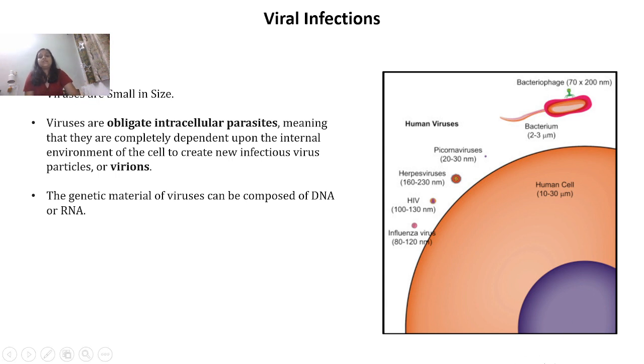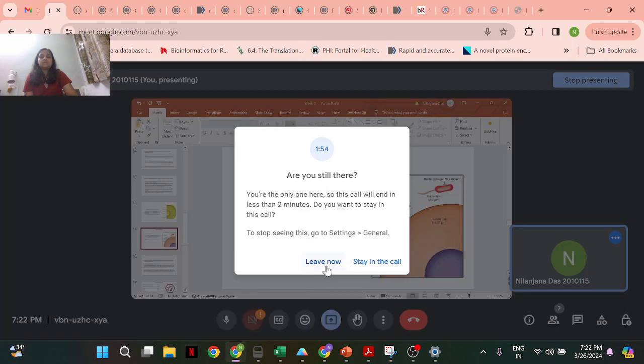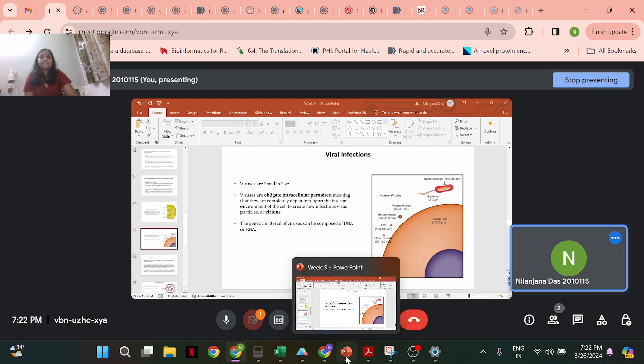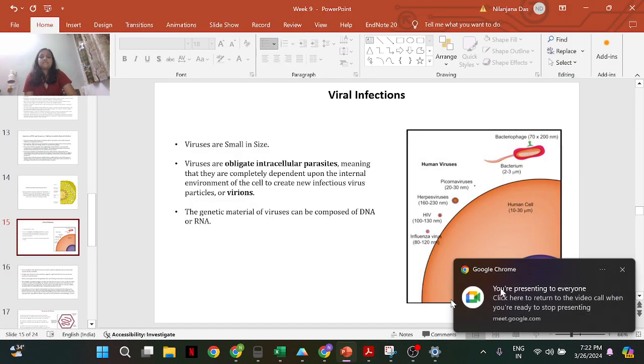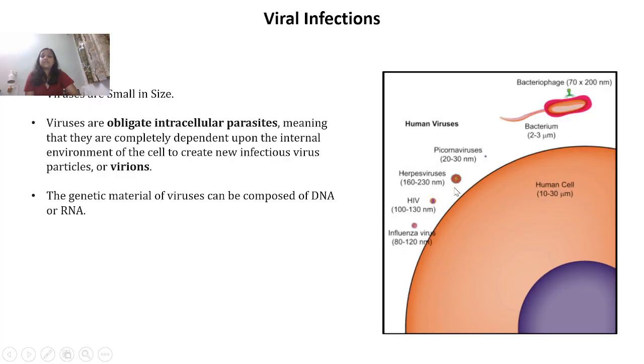Here you can see a picture, and from this picture you can understand how small a virus is. Here it is a human cell. It is 10 to 30 micrometer in size.